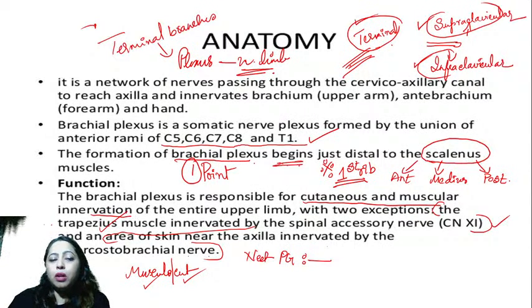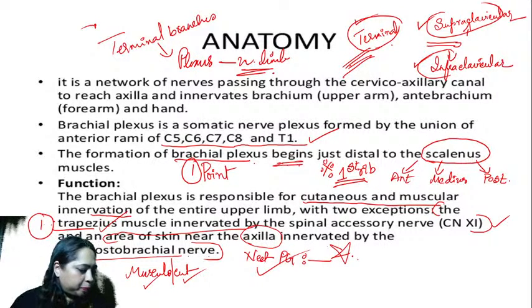Then the area of skin near the axilla: going by the rule, it should be supplied by one of the branches of the brachial plexus, but it is not. It is supplied by the intercostobrachial nerve. So these two points you must remember. This is very, very important.